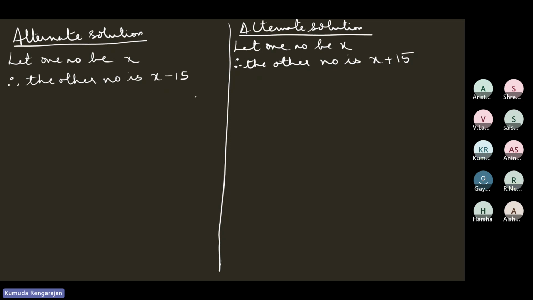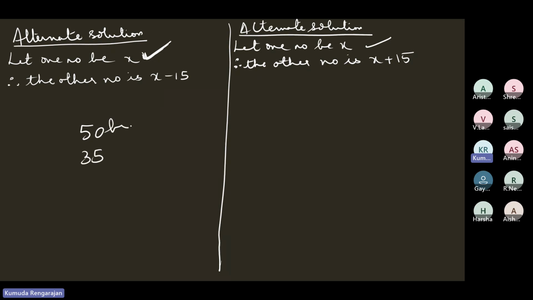Okay, ma'am. So children, look at this. Look at both. So let one number be x. Now the other number. If you think this one number is big, that is, this is the bigger number, then the other number will be x minus 15. See, the numbers can be 50 and 35.